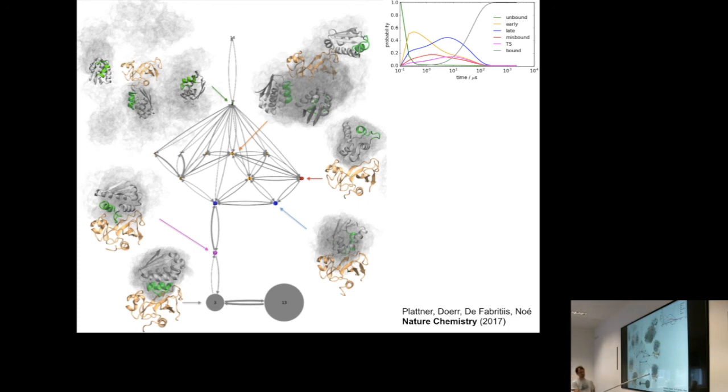In these states here, it's kind of in the right orientation, but not exactly. And then eventually, they find the right configuration. In this state, they form a certain contact, which is an important transition state contact. And then they simply go together, essentially, very rapidly. And then there are still two states here, between which the complex can fluctuate.